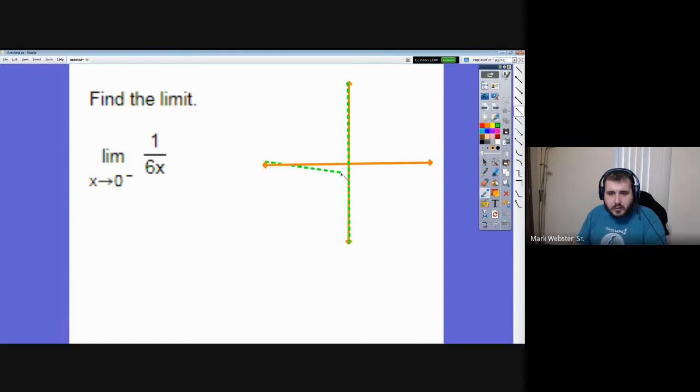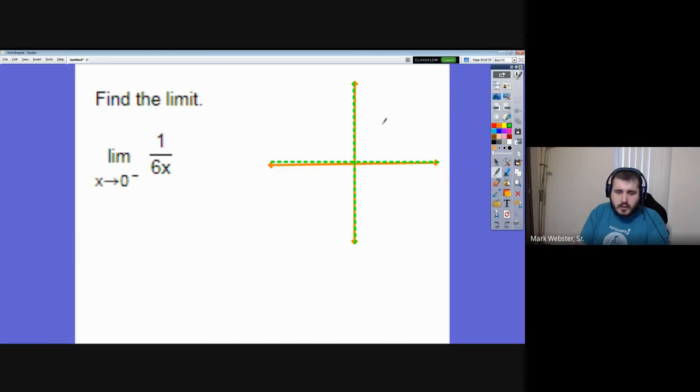The horizontal asymptote is going to be at 0. And so we're looking at a function that looks like this. So from a visual perspective, remember, we're trying to find the limit as x goes to 0 from the left, right? This way. Well, what is the function approaching? What is y approaching? Y is approaching negative infinity.